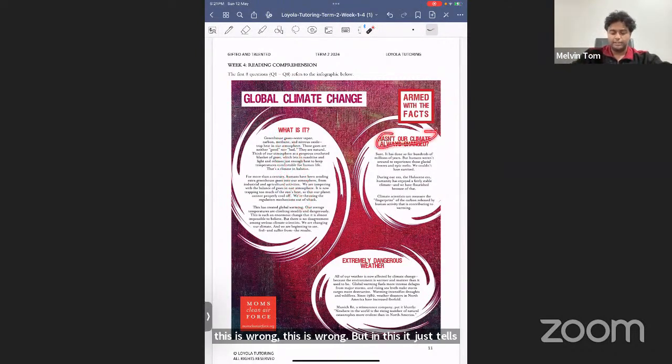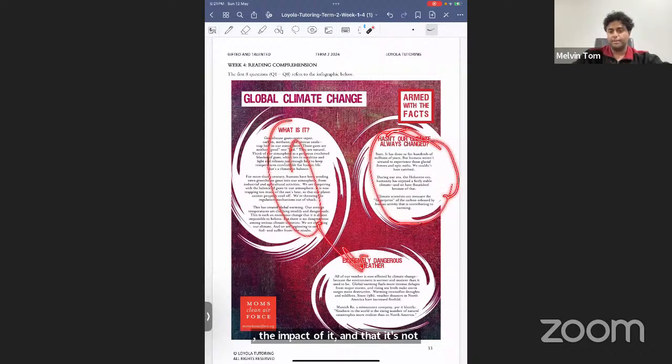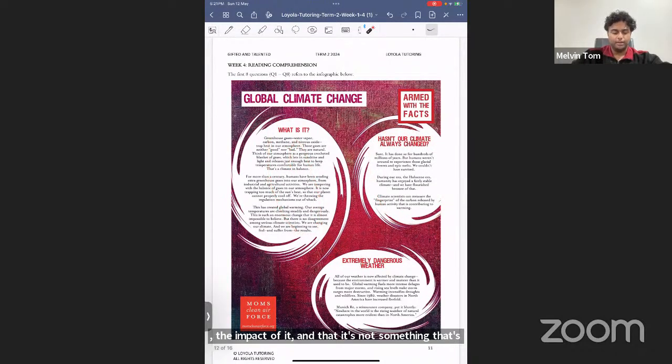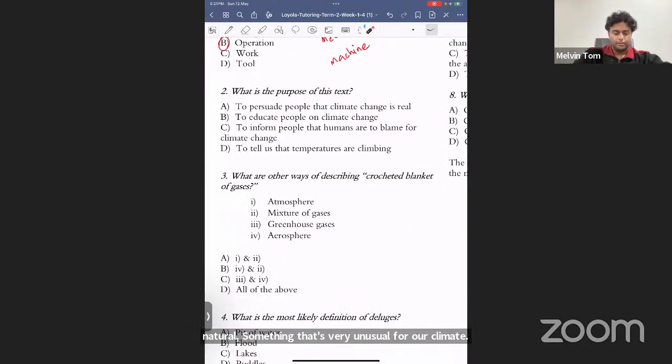I guess you could say that this is a bit of a rebuttal, but it's not strong enough to say that they're persuading us. They're mostly just telling us what it is, the impact of it, and that it's not something natural, that it's something very unusual for our climate, right? So option B looks pretty good.